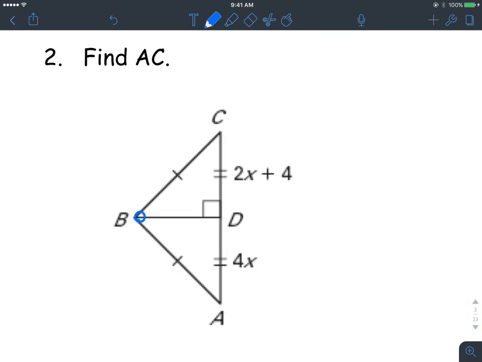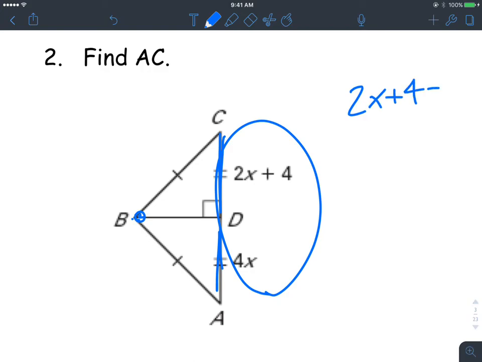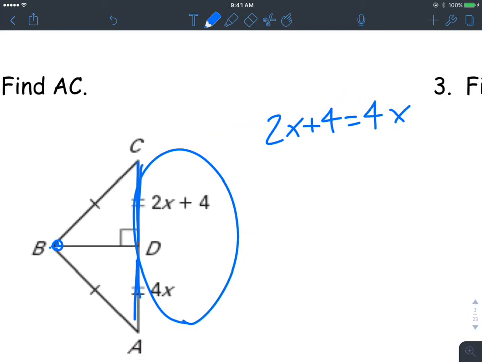So this one here is saying that B is equidistant from the ends of this segment. Therefore, this has to be a perpendicular bisector. So these two little pieces right here are the same. Really, with this lesson, you just got to figure out what pieces you set equal to each other, and that's really it.